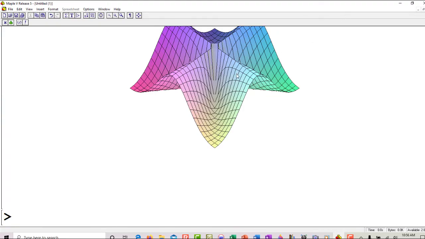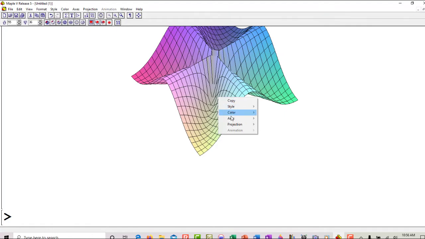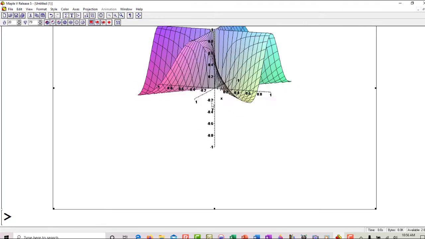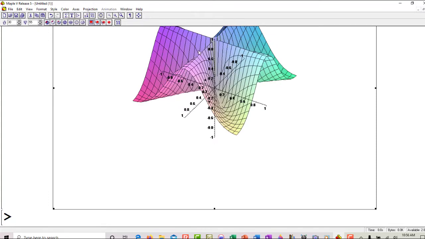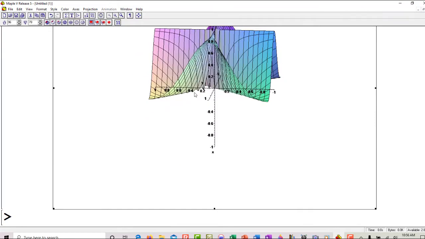Now let's see what this thing looks like. You can see, let's see where the axes are. The axes gave us limits of 1. As you go along the axis toward the origin, you end up with 1. But if you go along a 45-degree line, y equals x or y equals negative x, you end up with the limit value of 0.